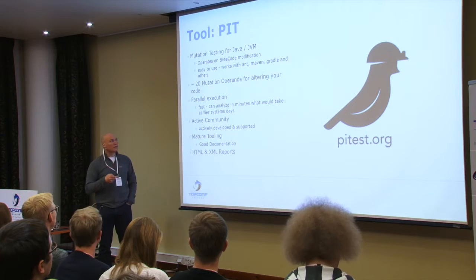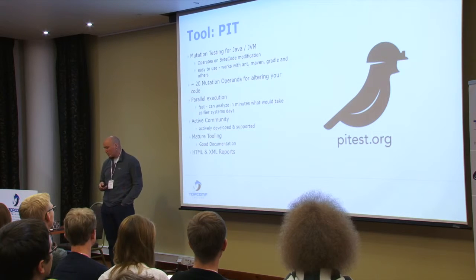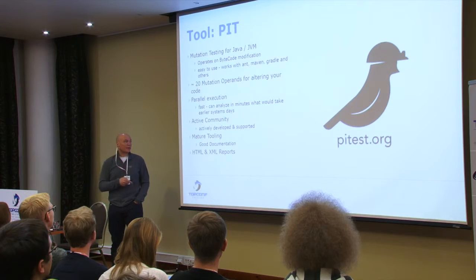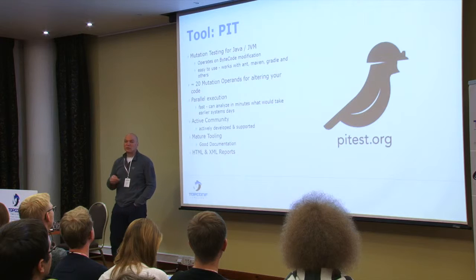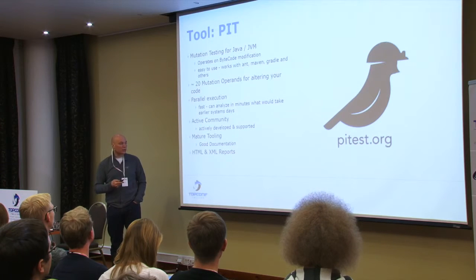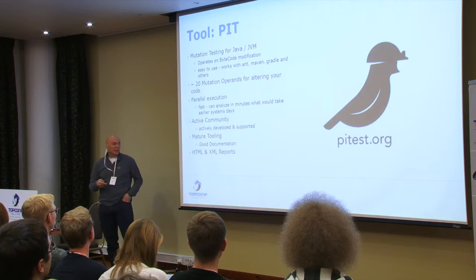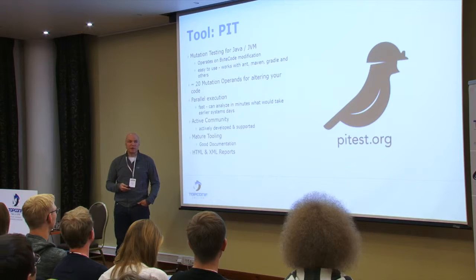Around 20 mutation operators are available, which is quite a high number. You have parallel execution, which makes it quite fast. Very active community, and the tooling is quite mature, so really good and stable. It generates HTML and XML reports. HTML reports are usable right away, and XML reports can be processed further, for SonarQube, for instance.